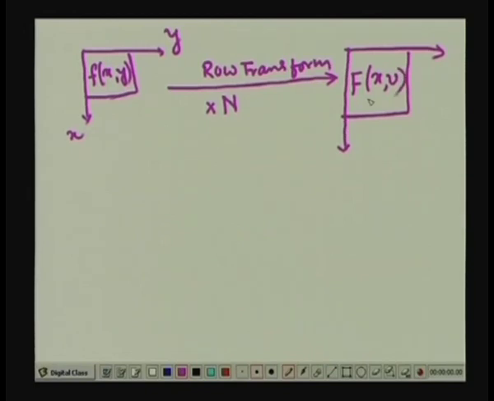v. So, we get one of the frequency components, which is v, and then we take this intermediate result. Initially we had done row transformation, and now we do column transformation.